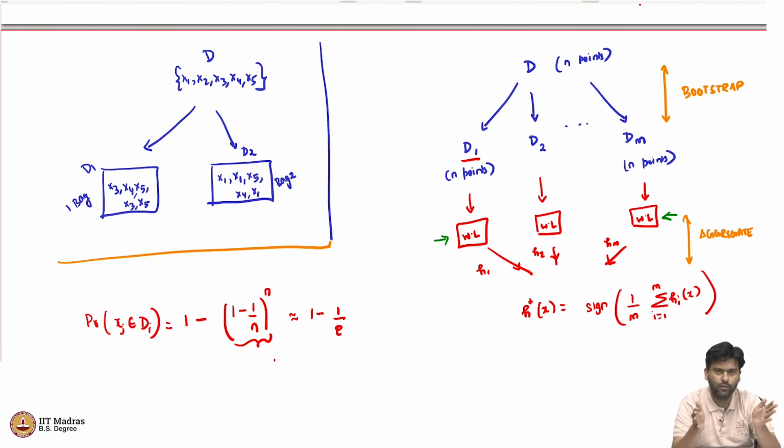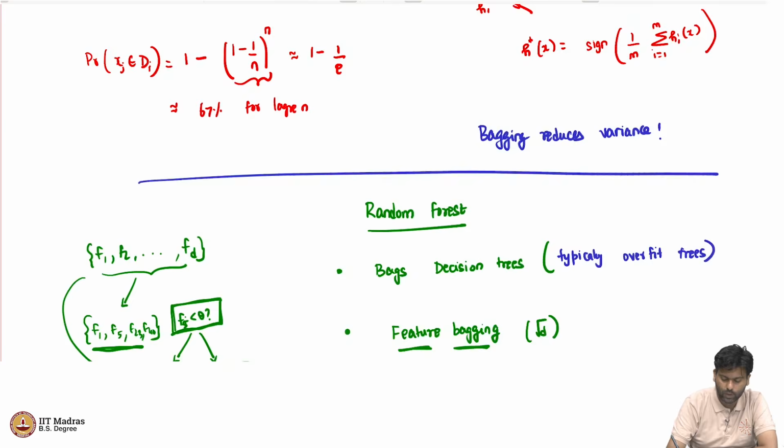And then during aggregation you need all the trees, but before that step you don't need to wait for one weak learner to complete to start with the next decision tree, right. That's why this is also preferred a lot in practice, because you can run these algorithms very fast in parallel. So that's one point I also wanted to mention.